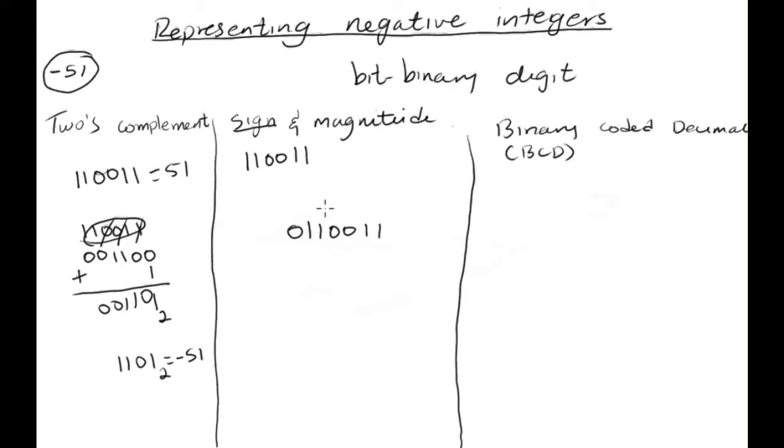So the next thing you have to do is to indicate the sign. Now in sign and magnitude we put 1 for negative and 0 for positive. Now because we are supposed to find negative 51, then I need to put a 1 at the front.